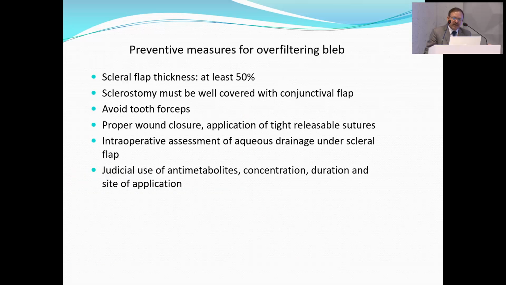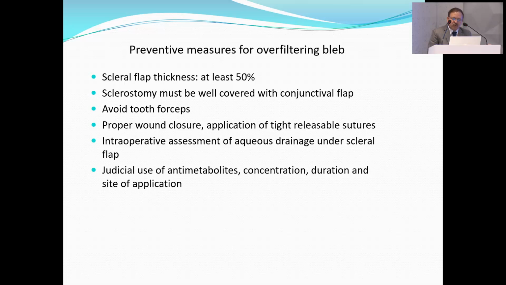So what are the preventive measures for an overfiltering bleb? While making the flap, see that your thickness should be at least 50 to 70%, and the sclerostomy must be well covered with the conjunctival flap while suturing. Always avoid tooth forceps while handling the conjunctiva, because that is the culprit for causing buttonholing.